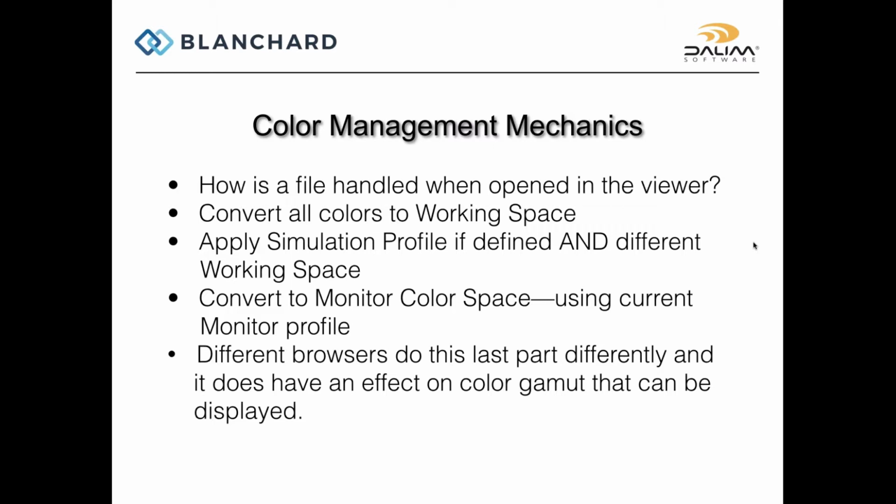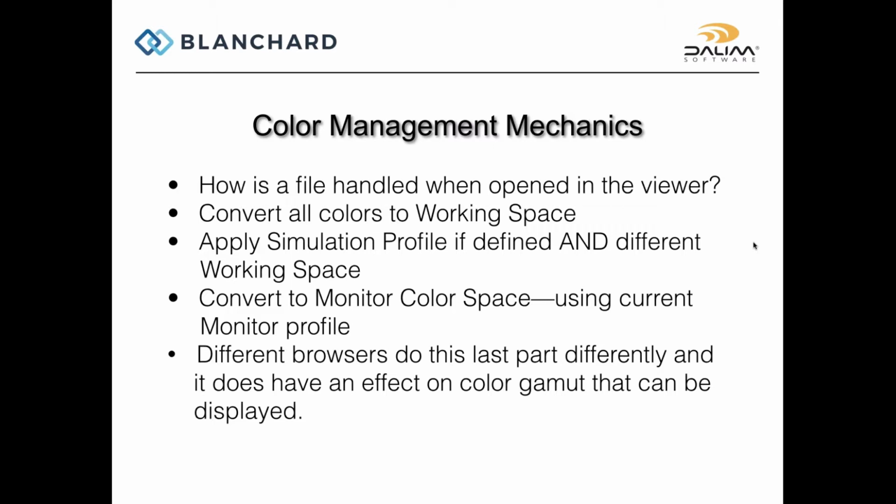It'll convert all the colors to whatever the working space is. Then if you have a simulation profile defined for some reason, and that is a big thing, and it's different than the defined working space, it'll do another conversion to the simulation profile.